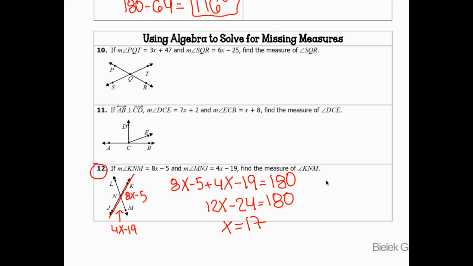And then my ultimate goal is to find the measure of the angle. So I need to plug x in. So angle K and M is going to be 8 times 17 minus 5, which is 131. So that is angle measures.